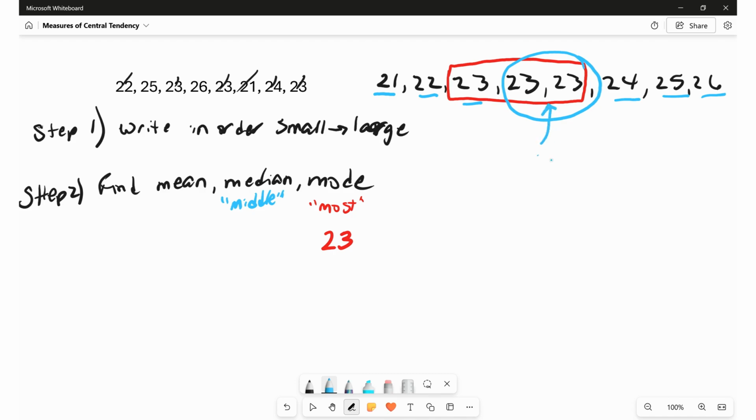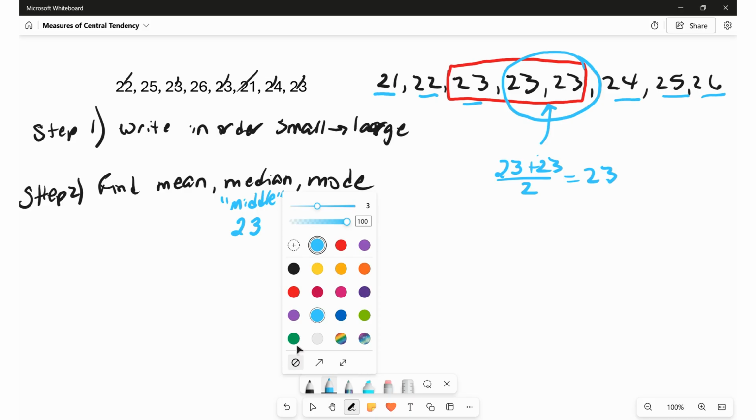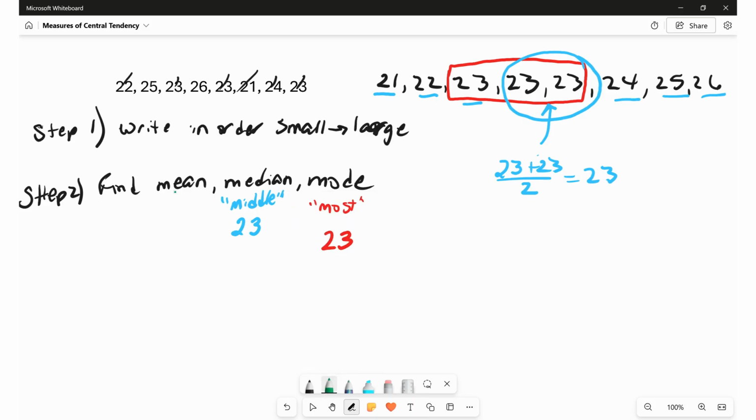This is really easy because both of them are the same number, so 23 is going to be our answer. But let's pretend like they're not. In order to find this, you're going to take these two numbers and average them, and that gives you the median. And finally, let's find the mean, or the average.